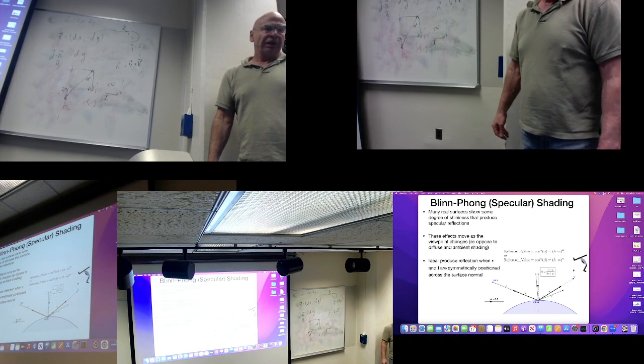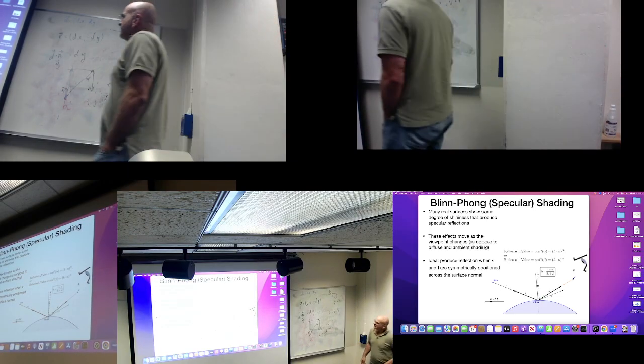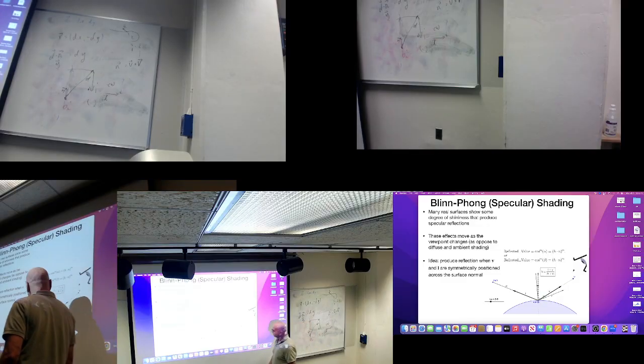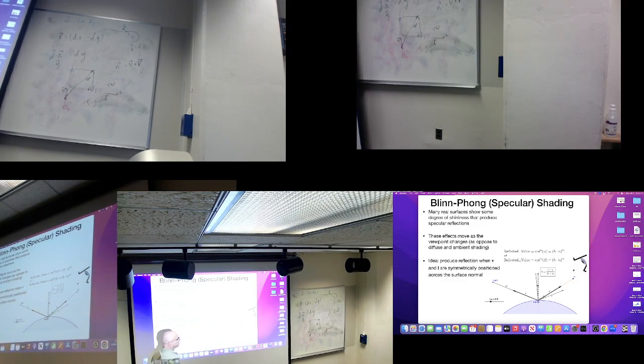Okay, specular reflection. We are not going to mimic the specular reflection in terms of the physics. Diffuse reflection, the cosine was exactly what happened. There is no approximation out there.